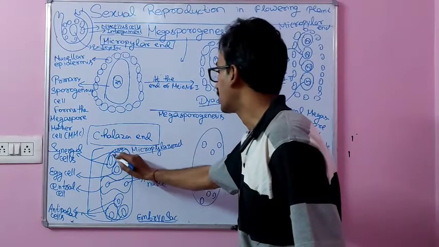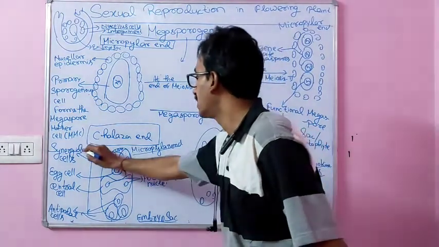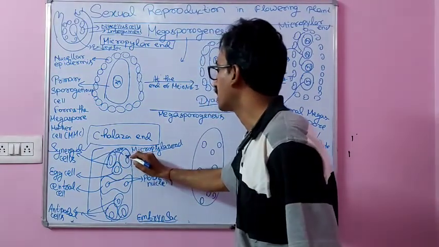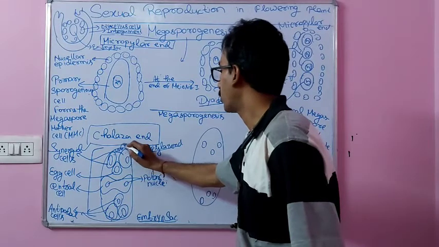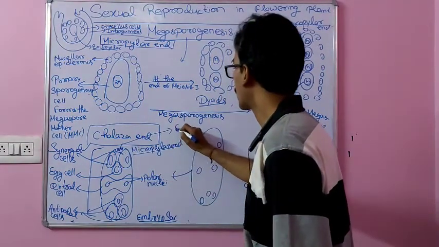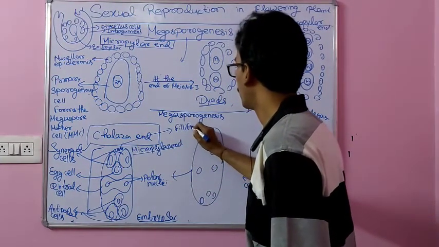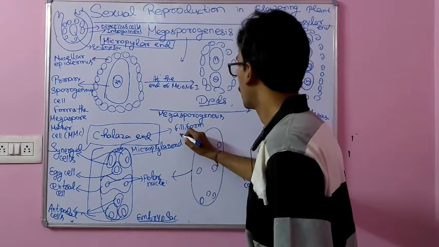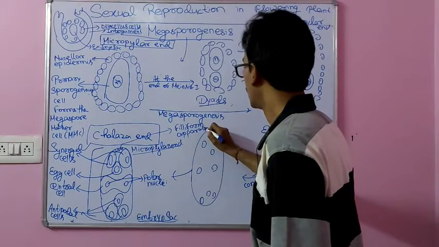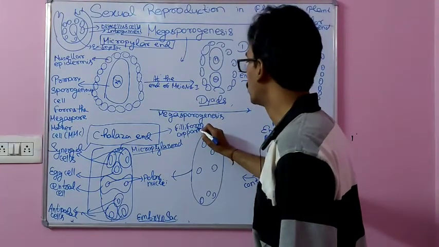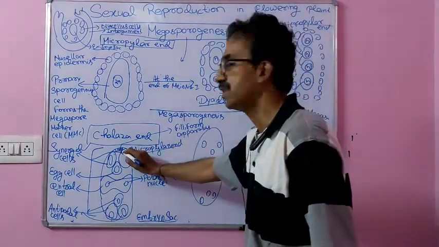These 3 cells are: 2 synergid cells located at the top. From their cell wall thickening, finger-like projections arise, which are called filiform apparatus, whose main function is to attract the pollen tube towards itself.